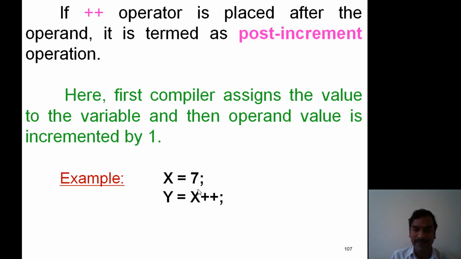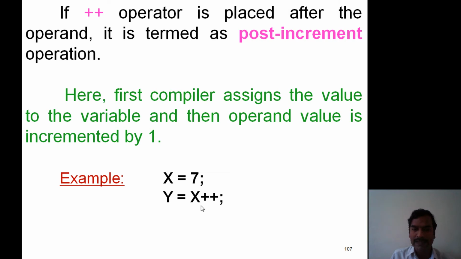Hence it is referred as post increment operation. Now its functioning. First, value is assigned to the variable. Here assignment operator, the value is assigned to y. Hence 7 is assigned to y. And then the operand value is incremented by 1.